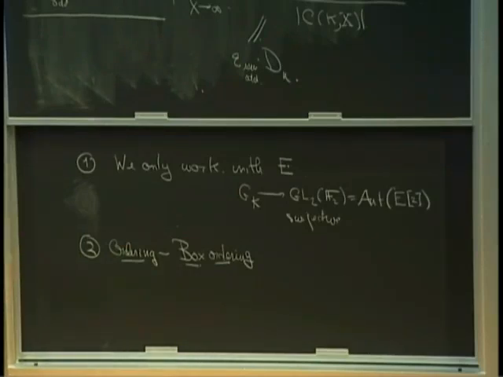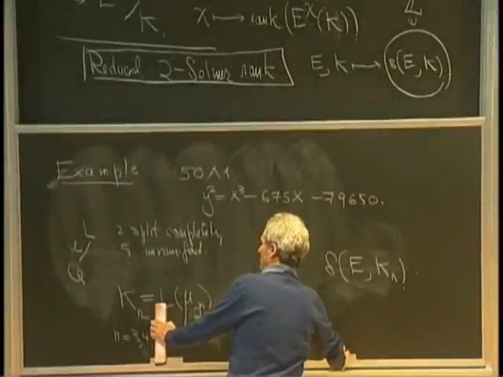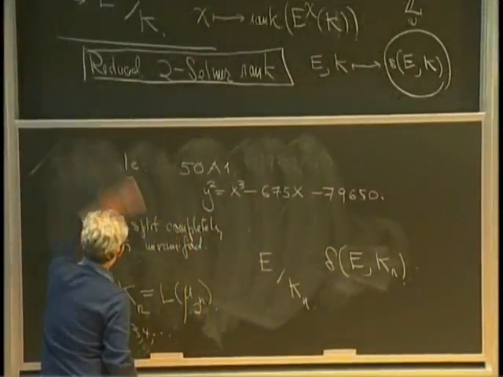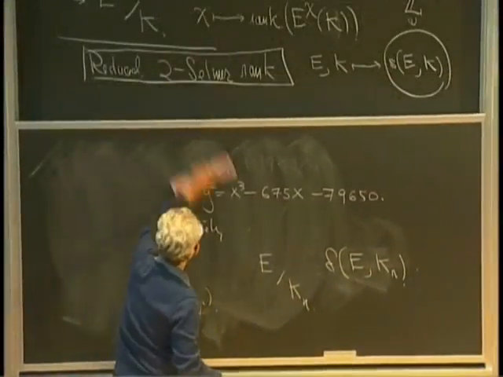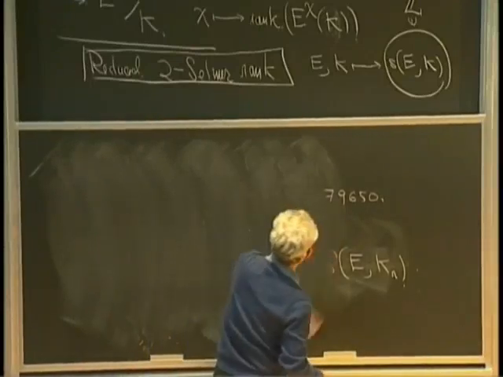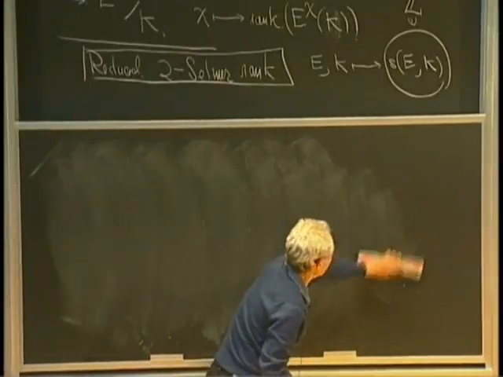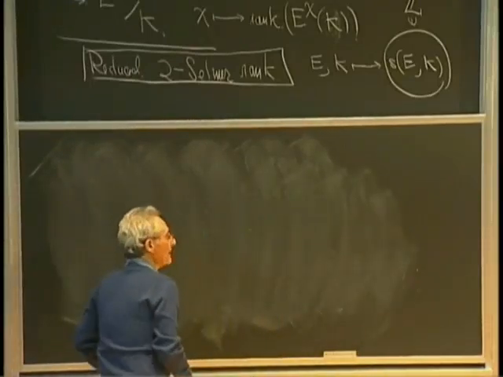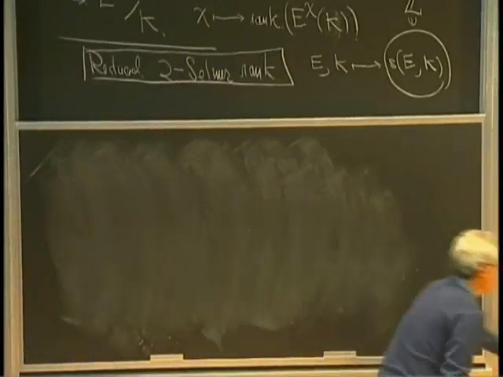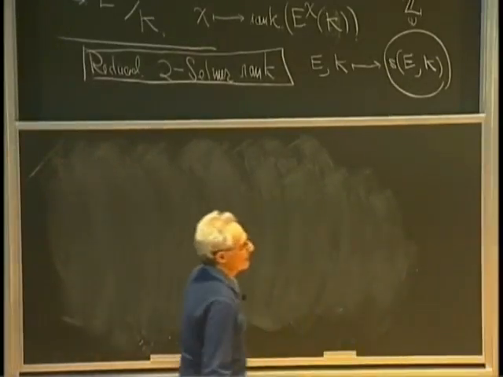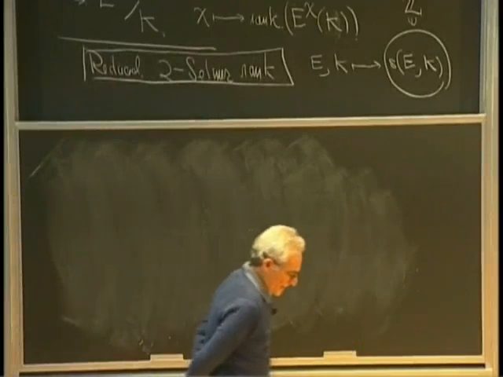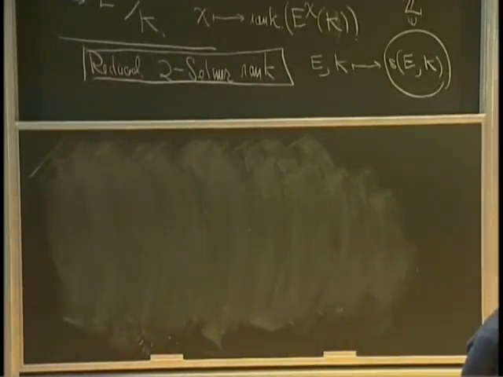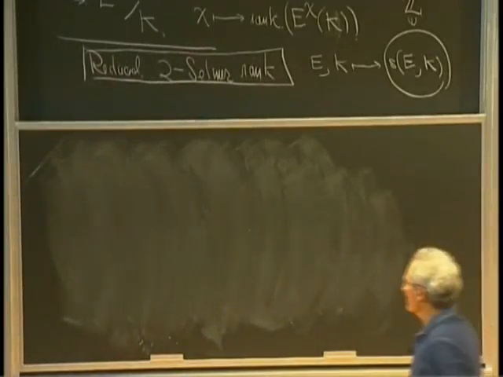In order to give you a sense of what this box ordering is, let me start off by mentioning what I think I swept under the rug before, which is what are the bad primes that we deal with.